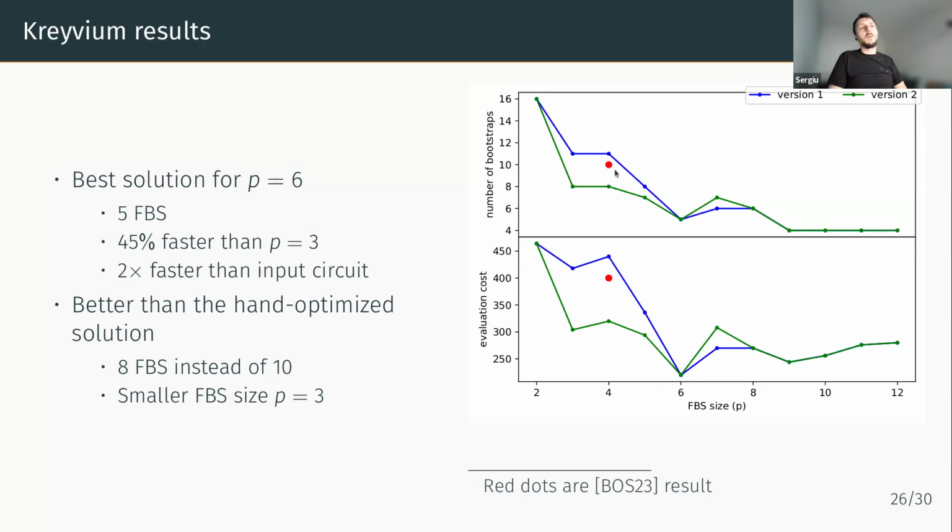At the same time, the literature hand-optimized version has 10 bootstraps. So when you compare the evaluation cost of our heuristic output with the literature, we have almost a 30% decrease in evaluation cost.